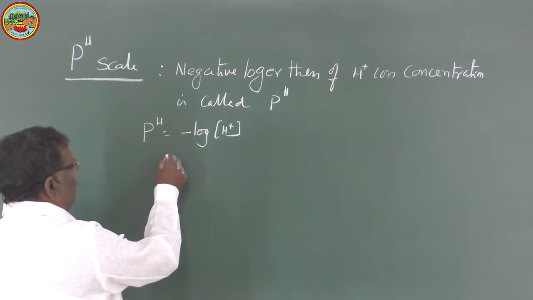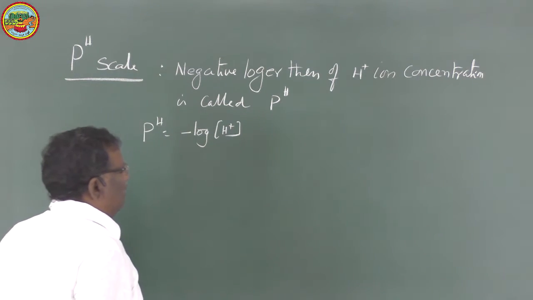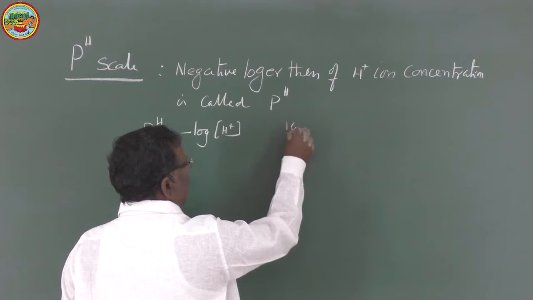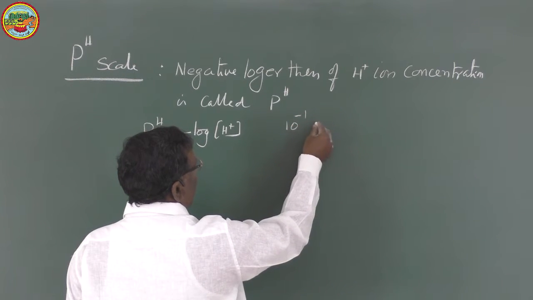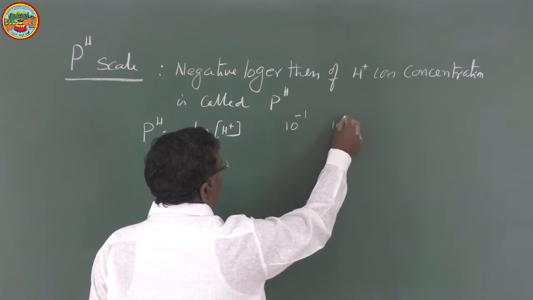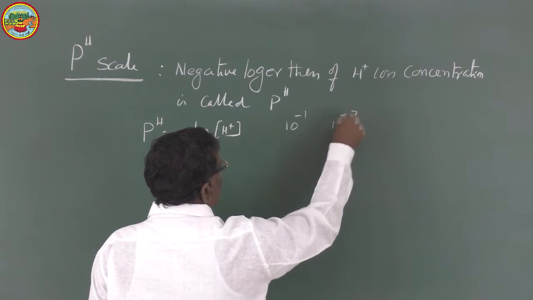So, for acids, we already know that the range of H plus ion concentration is from 10 to the power minus 1 to less than 10 to the power minus 7.